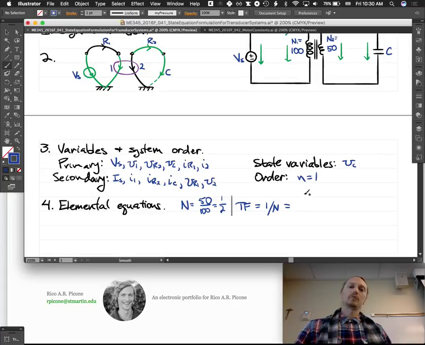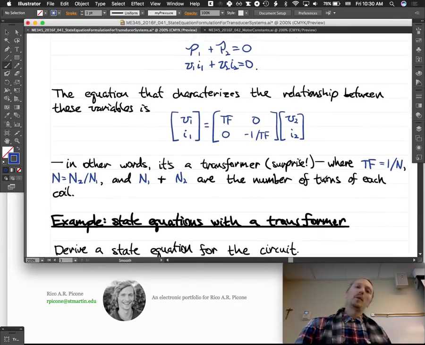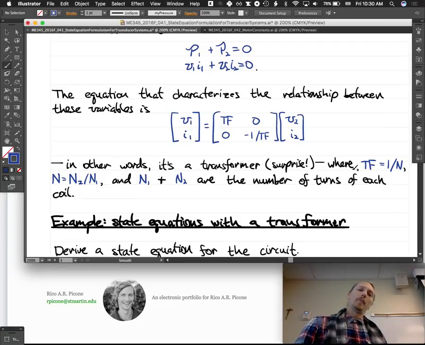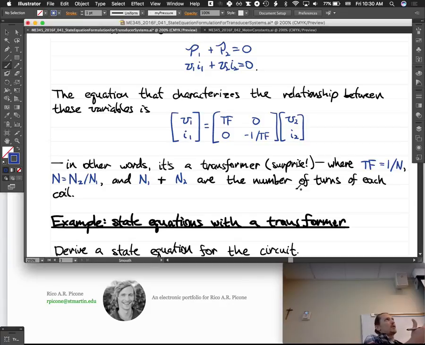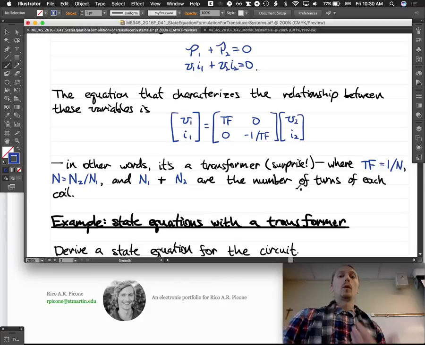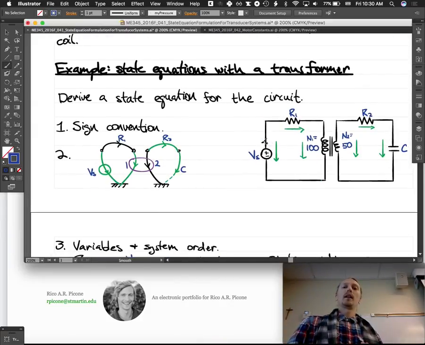Is 1 over n given, or do we have to figure that out somewhere? The fact that TF is 1 over n? Well, we did that up here. We said that TF is 1 over n, where n is equal to n2 over n1. When you come to a specific problem, you have to interpret which side of the transformer is n1 and which is n2.